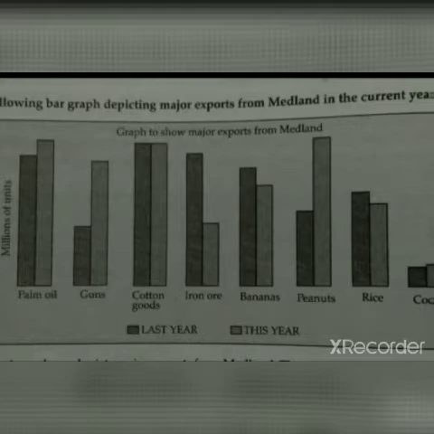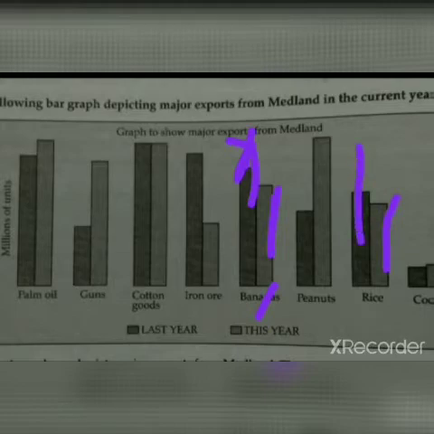Just see bananas. Here this is lesser than this one, right? And in the case of rice also, this year's is lesser than previous year. So concerning foodstuffs, bananas and rice showed a little less units than previous year.